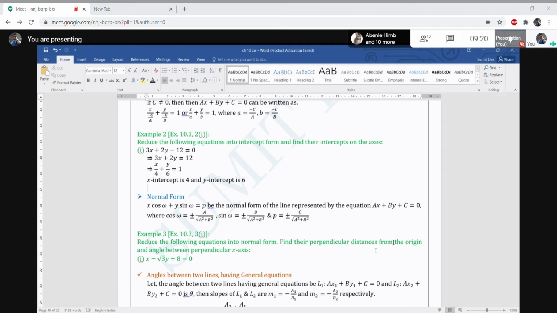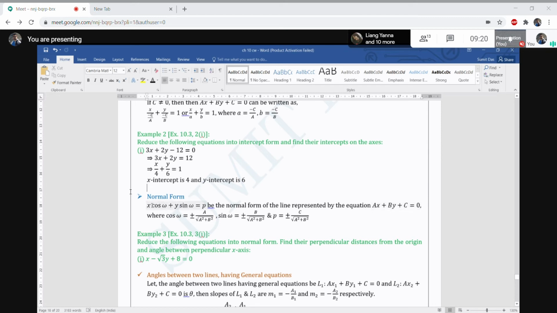So it's saying in this, x cos omega. Okay, this is omega sin. You can make it theta also, I am just writing for no reason. So x cos omega plus y sin omega equal to p is the normal form of the line represented by the equation ax plus by plus c.